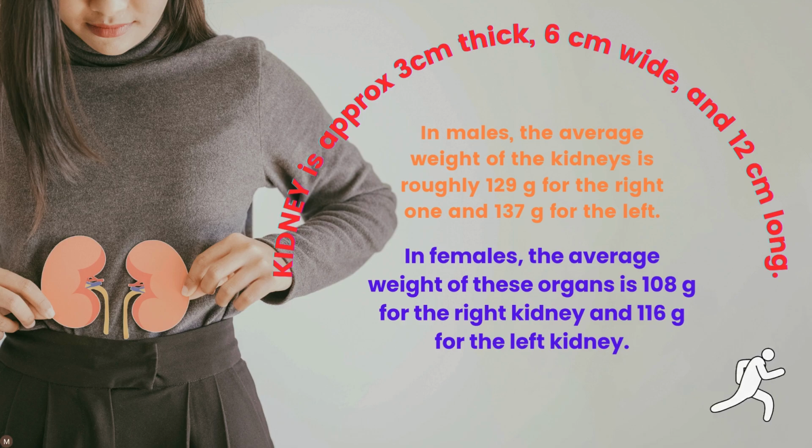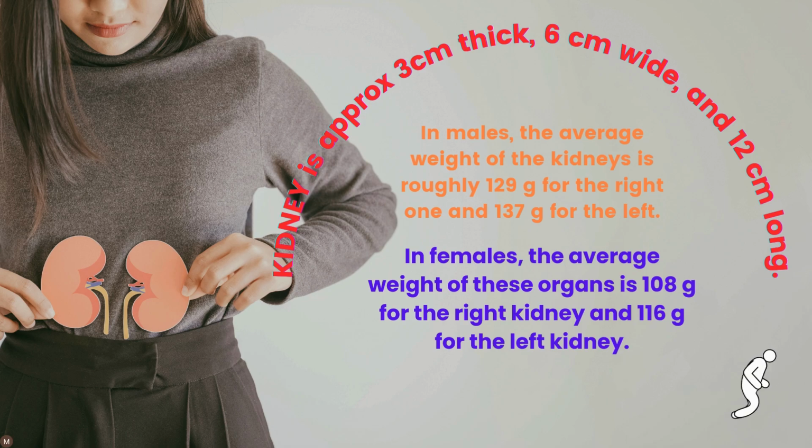They differ in males and females. The average weight of the kidney in males is roughly 128 grams on the right side and 137 grams on the left side. However, in females, the average weight of the right kidney is 108 grams and 116 grams for the left kidney.